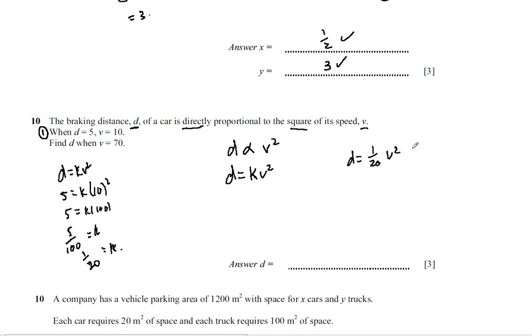So find d when v is 70. So now we can answer the question. We just substitute v is 70 into this equation. d is equal to 1 over 20 times 70 squared, which is 1 over 20 times 4,900. And just divide that by 20.